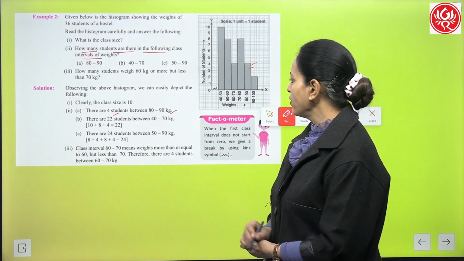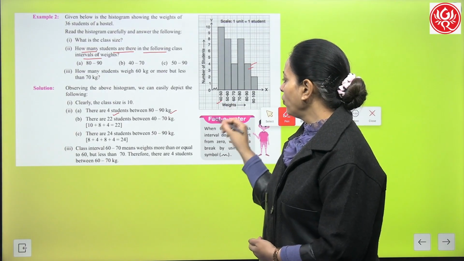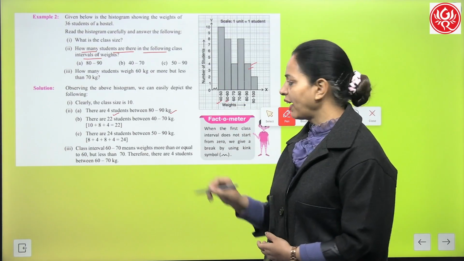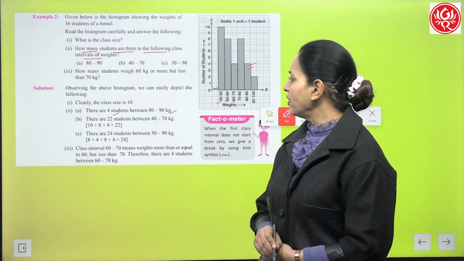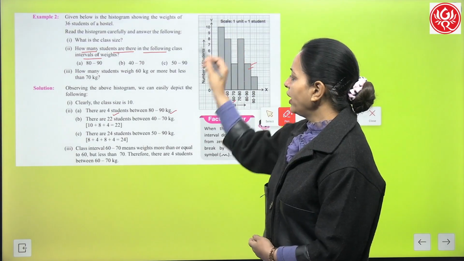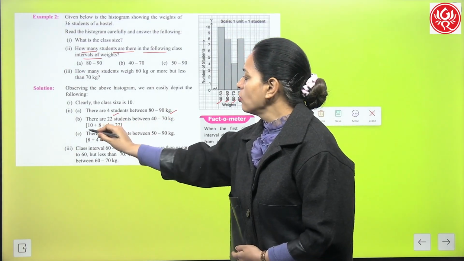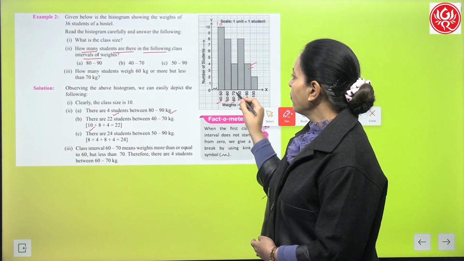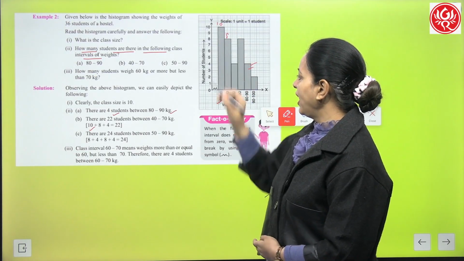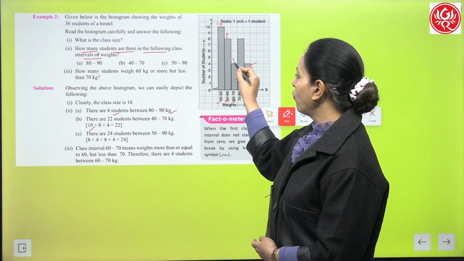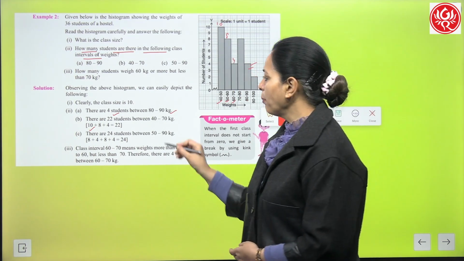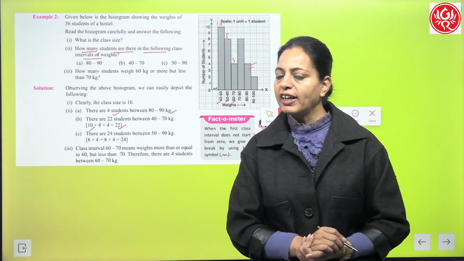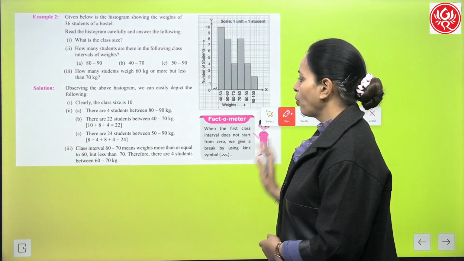So 40 to 70 means 40 to 50, then 50 to 60 and then 60 to 70. So 40 to 50, 10, okay? Then 50 to 60, 8 and 60 to 70, 4. So total 10 plus 8 plus 4, that is 22, right?